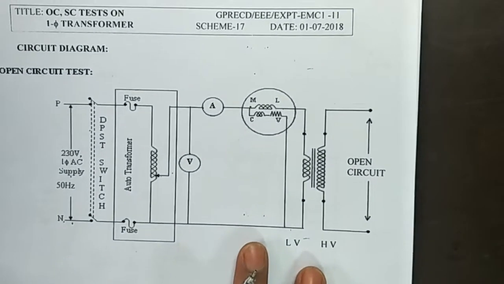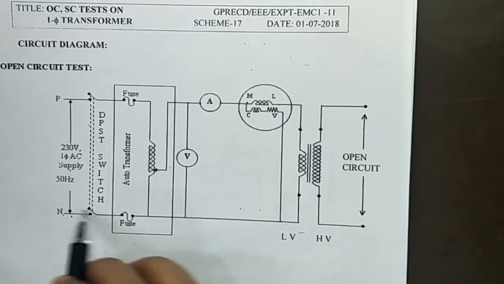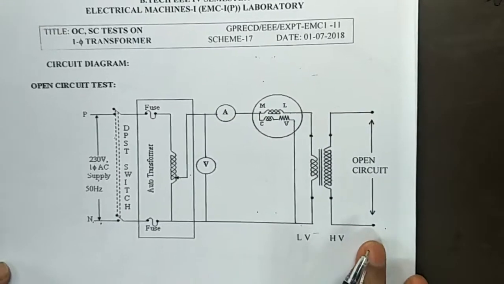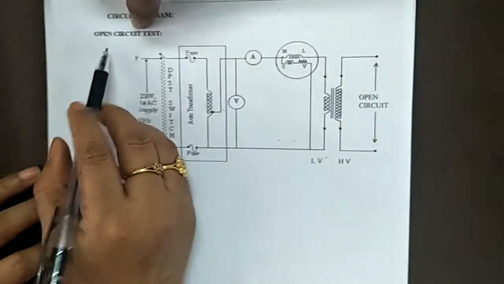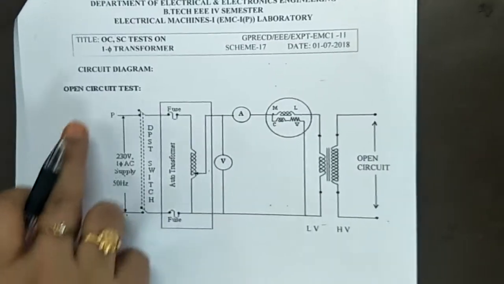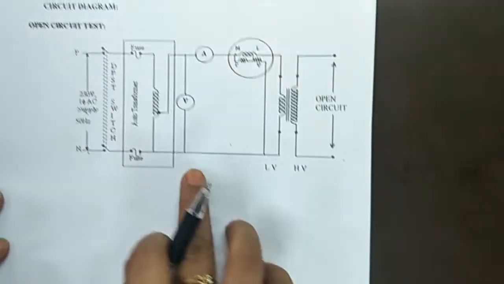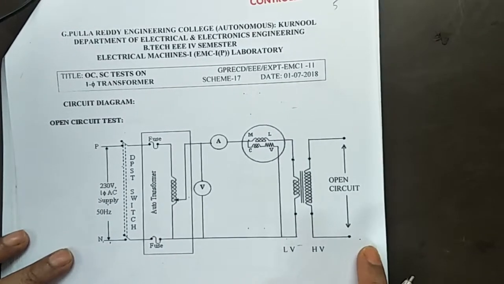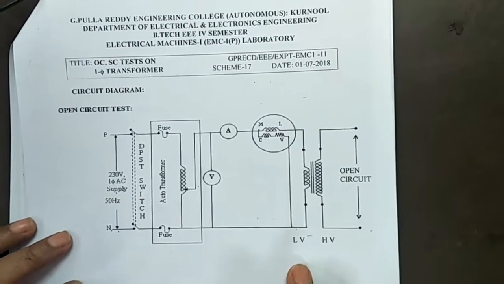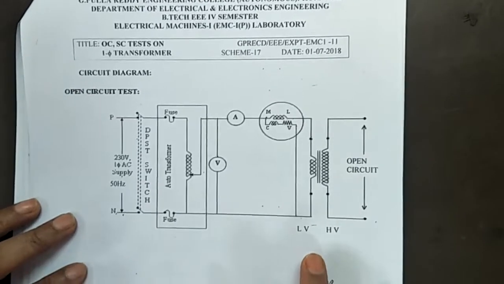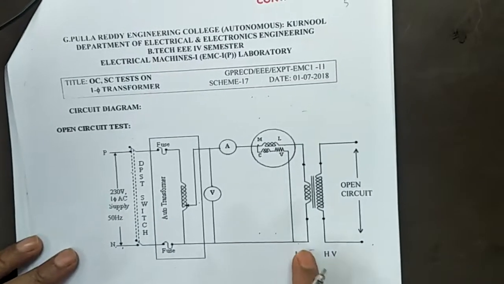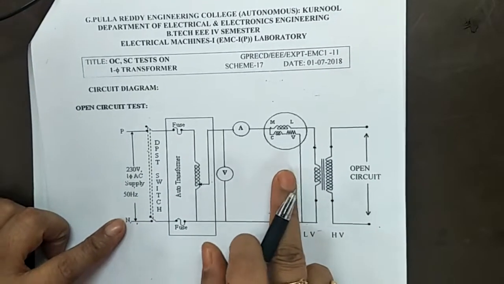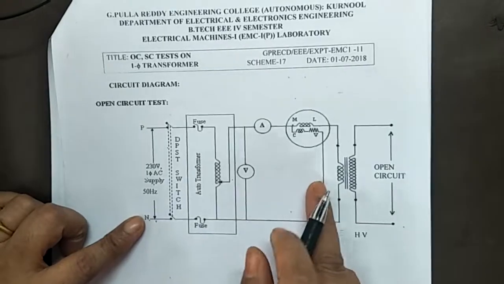In the short circuit test, the LV side is connected to the supply, whereas the HV side is left open. The reason is that in the open circuit test, we can't connect the HV side to the supply and leave the LV side open, because practically, for power transformers of nearly 11 kilovolt, if you apply the rated voltage on the supply side, the current drawn will be more.